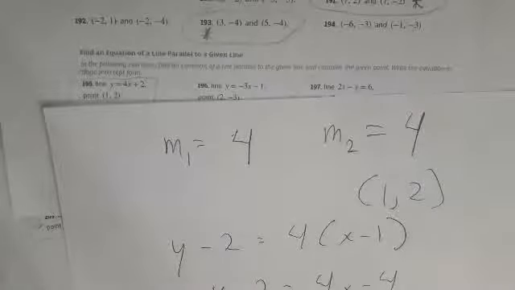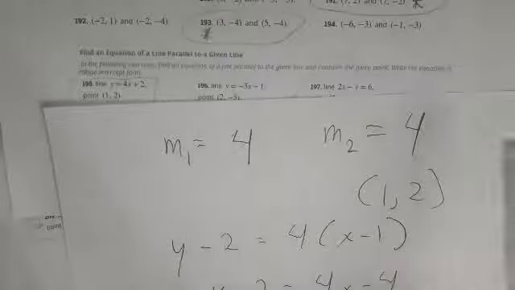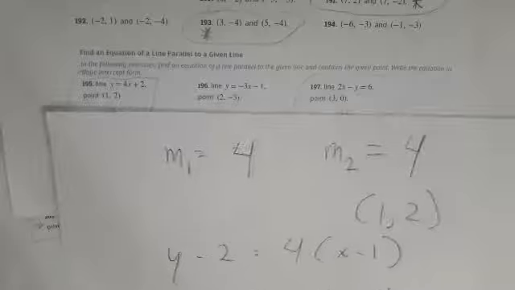So if they give me a line and it's in y equals mx plus b form, it's in a really pretty form. I can pick the slope off of it, and it's just going to be the same slope since it's parallel. So parallels have the same slope. You know that parallel lines have the same slope? And so, that's that one.